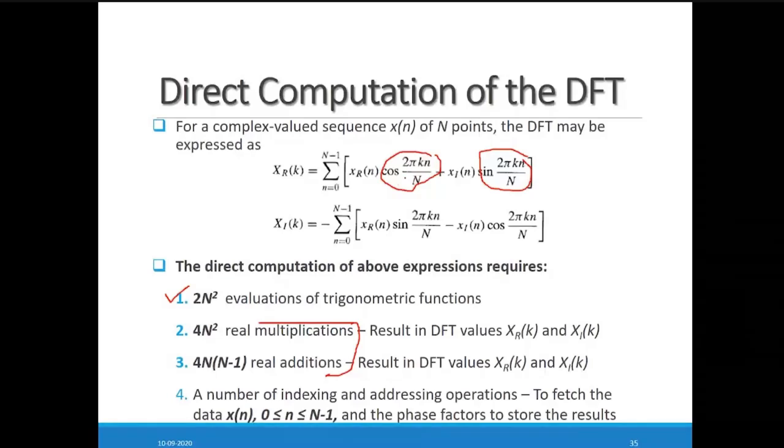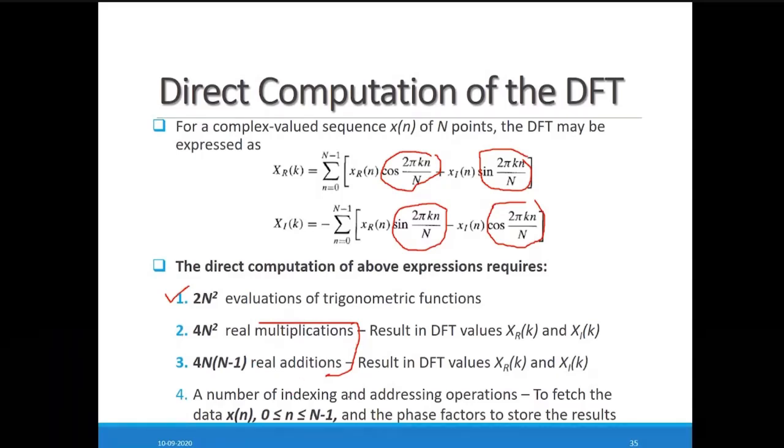Why is this number twice? Because these terms are present in the real part as well as in the imaginary part. So twice N square evaluations of trigonometric functions, then 4N square real multiplications and 4N into (N minus 1) real additions are needed.